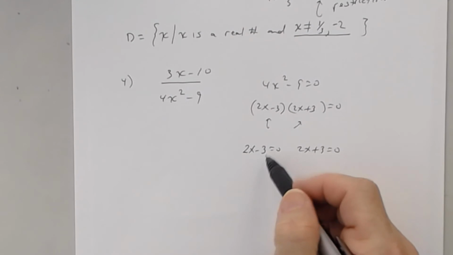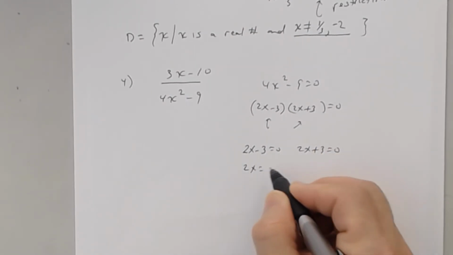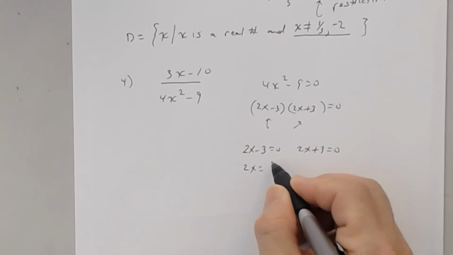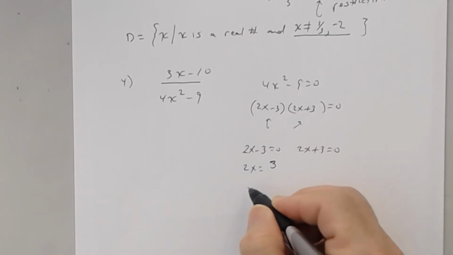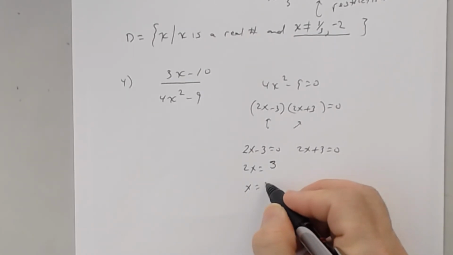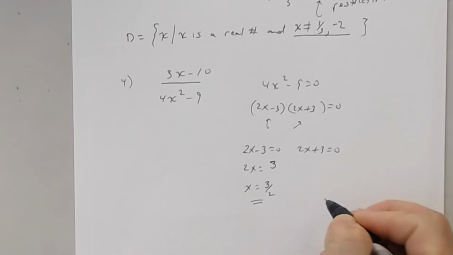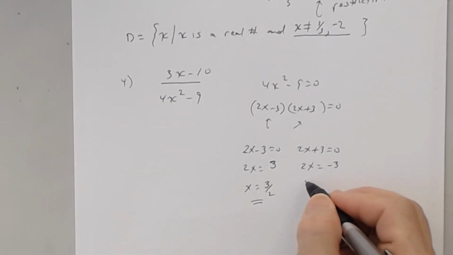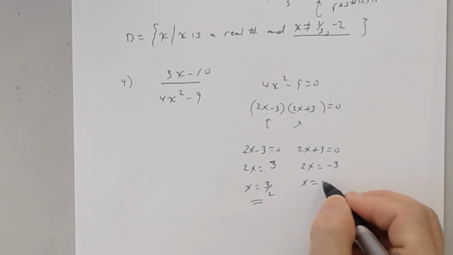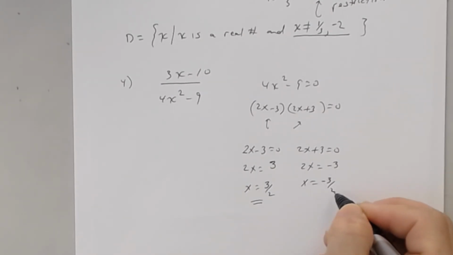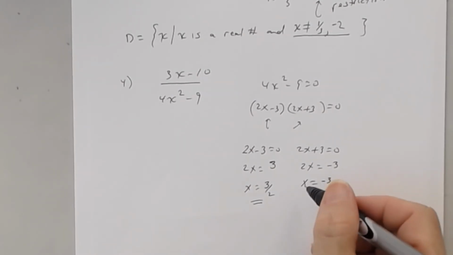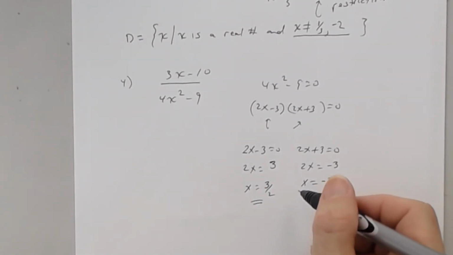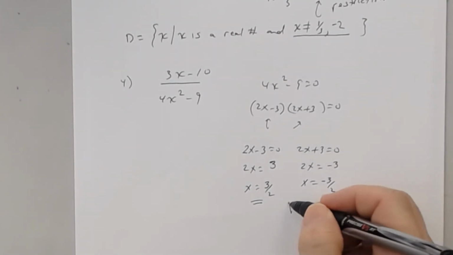So if 2x minus 3 equals 0, then that means 2x equals what? 3. So therefore x equals what? 3 over 2. Yep. Over here, 2x equals negative 3. So x equals negative 3 halves. So I found the two values of x that make the denominator 0. Remember, those are your restrictions.